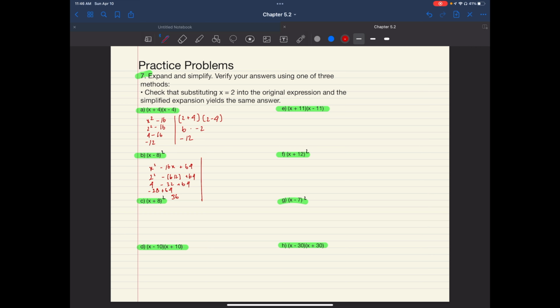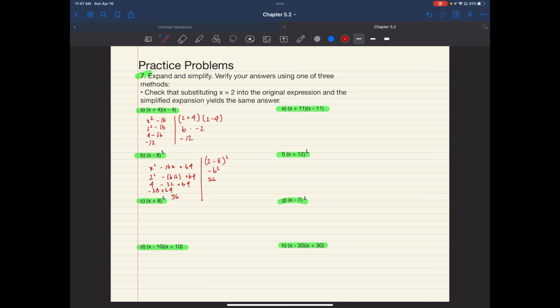Now, if we plug it into the original equation, 2 minus 8 squared, that's going to be negative 6 squared. It's going to be 36.